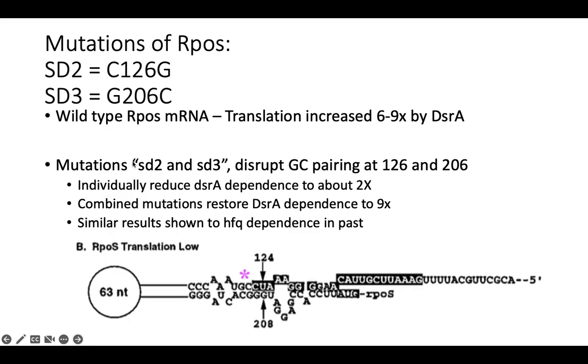Our mutations SD2 and SD3 are meant to disrupt the GC pairing at positions 126 and 208. So I think it's either one of these or one of these over here. I'm not exactly sure. I just provided this figure to show you our rpoS in its closed position.